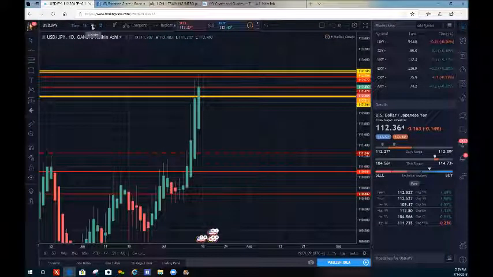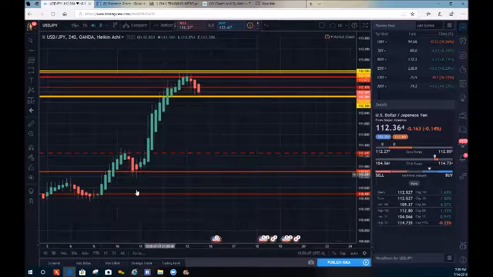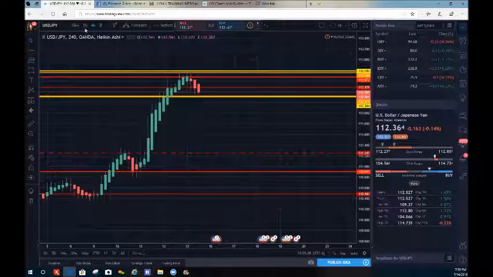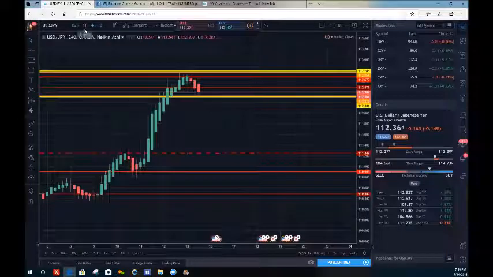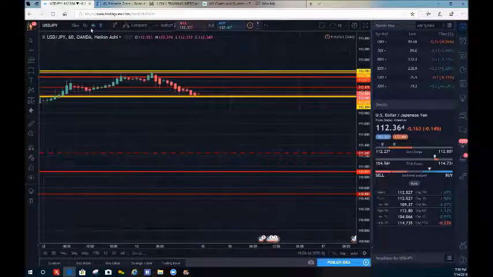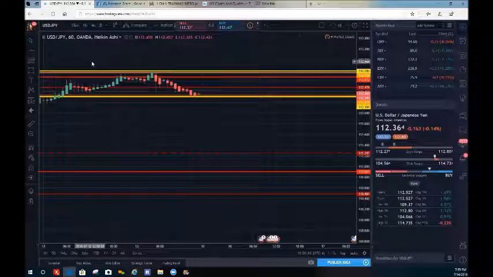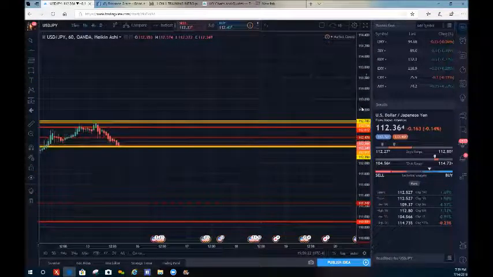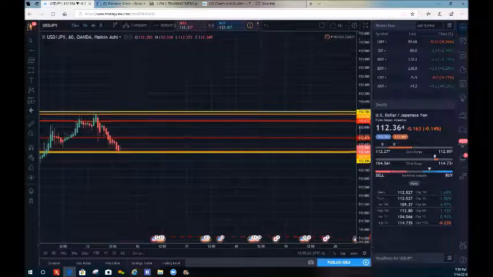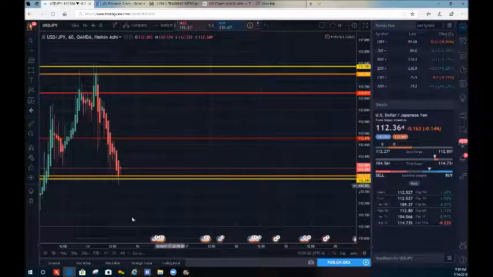Then, like I said, I go over to my 4-hour chart. That's just my momentum. There is no need on the 4-hour chart to have fibs. So now let's go to the 1-hour chart, which is where I'm going to find my take profit and my stop loss. Go ahead and make this bigger. There we go.